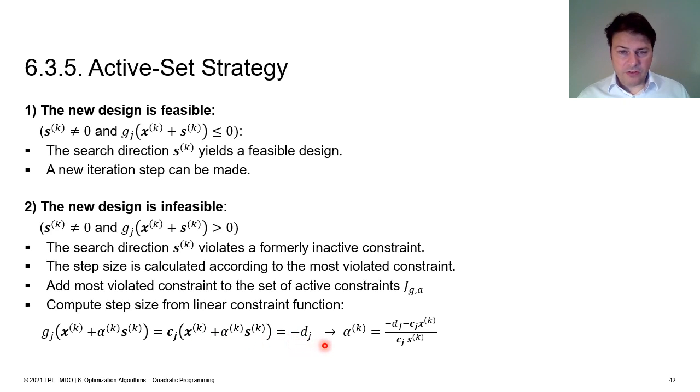And this lets you compute explicitly the step size alpha k that you need to progress exactly to that point where your inequality constraint becomes active. And then you go on.